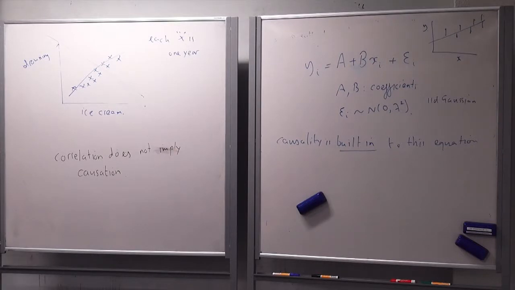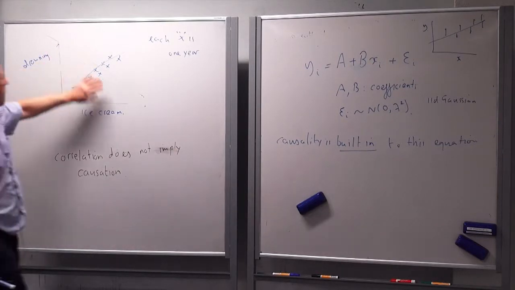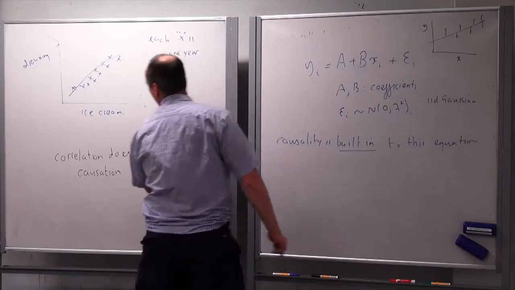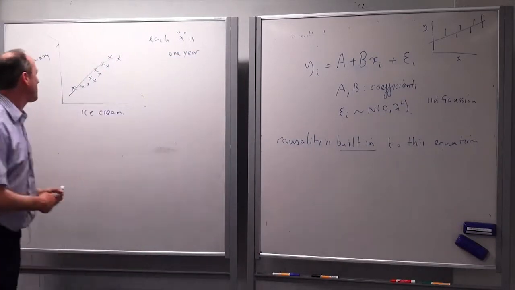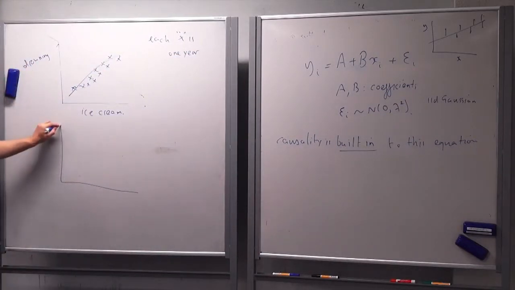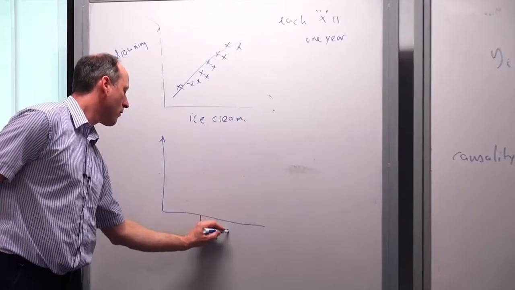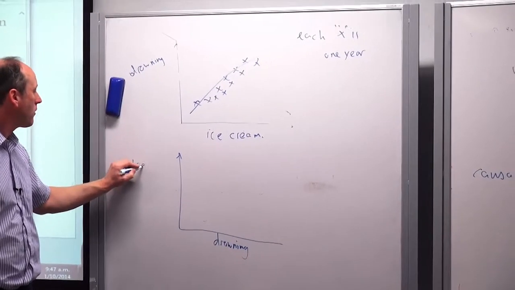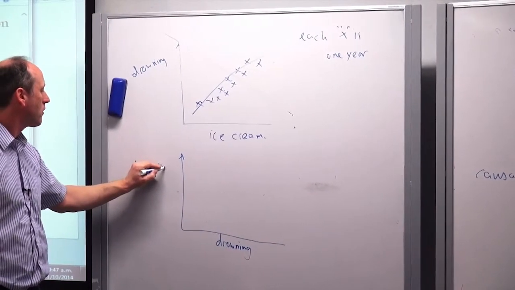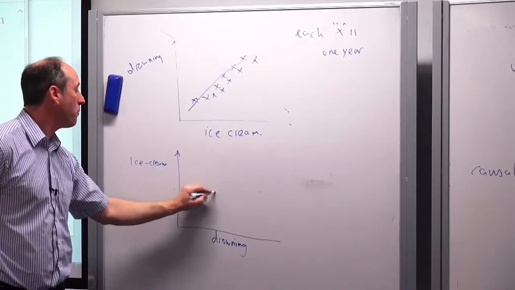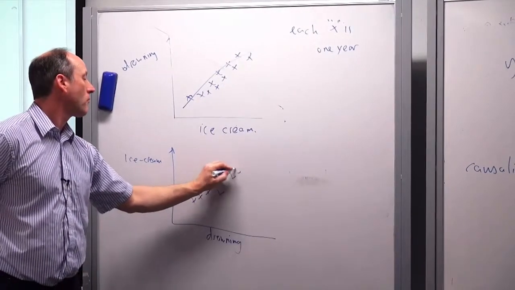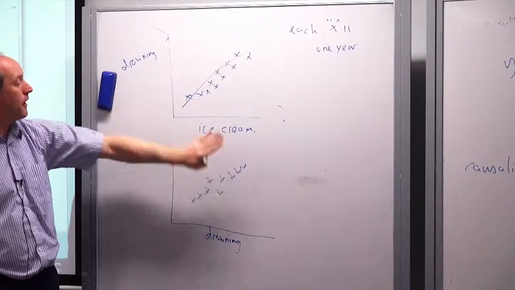And there's another feature of this as well. We've got drowning versus ice cream. I don't want to go into the mathematics of this because it tends to get a bit complicated. But I could equally well draw drowning and ice cream here. And we get a different picture for sure. But all I'm going to do is take that and flip it round.